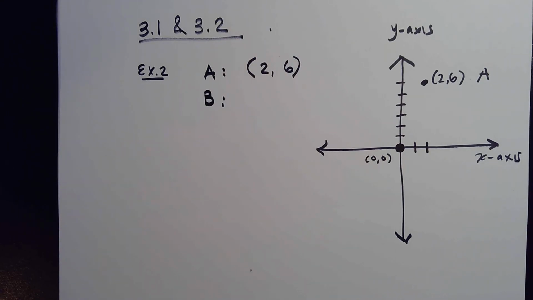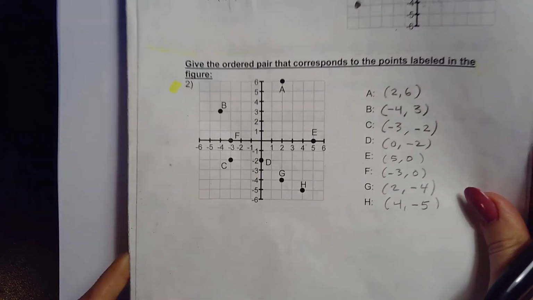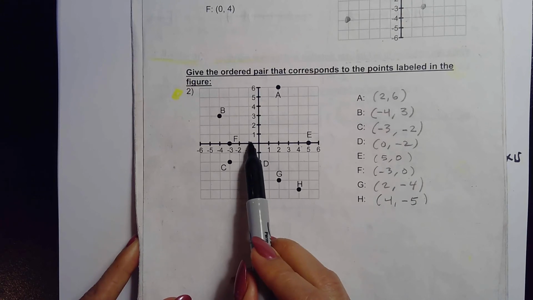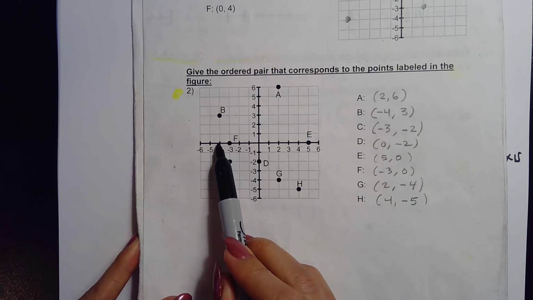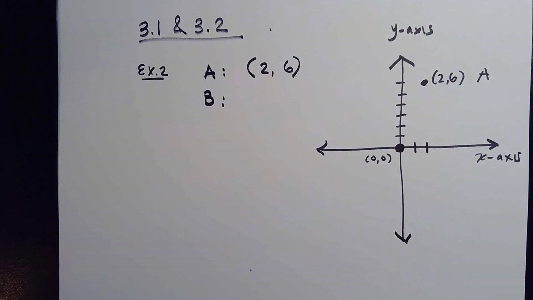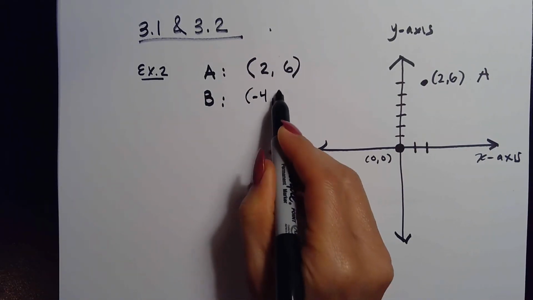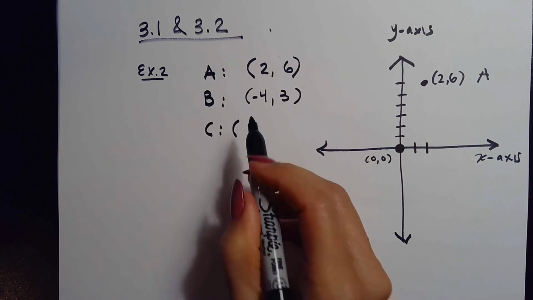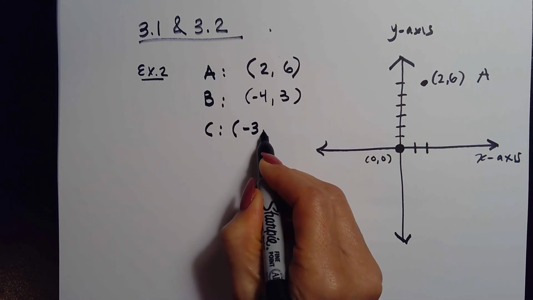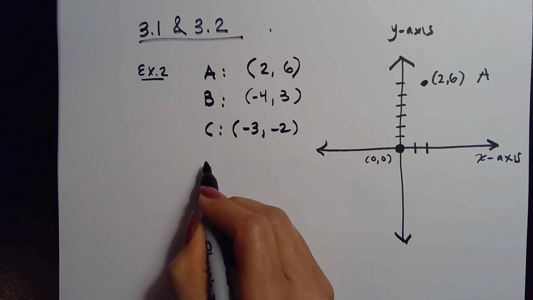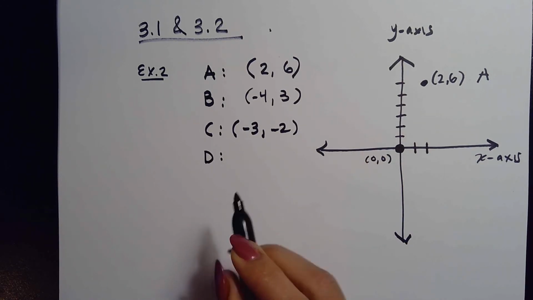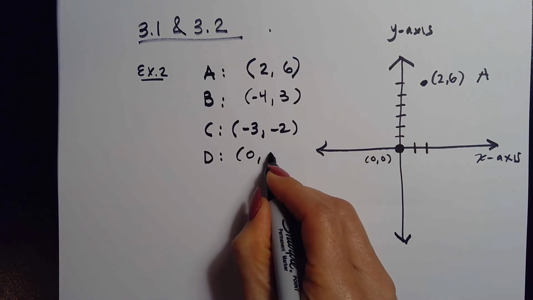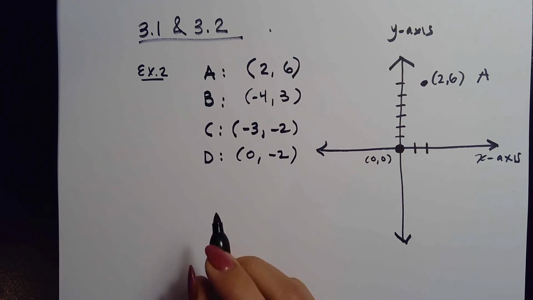So point B, notice point B is 1, 2, 3, 4 to the left, so that's -4, and 1, 2, 3 up, 3. So then you have -4 comma 3, and I'm going to give you the other values so you can practice. -3 comma -2 for C, and D is 0 comma -2.